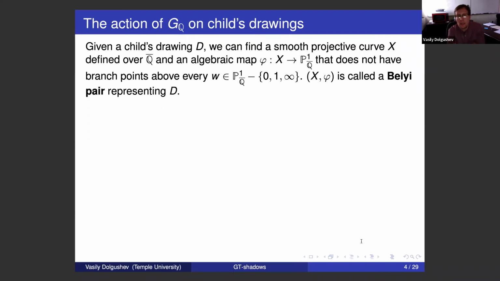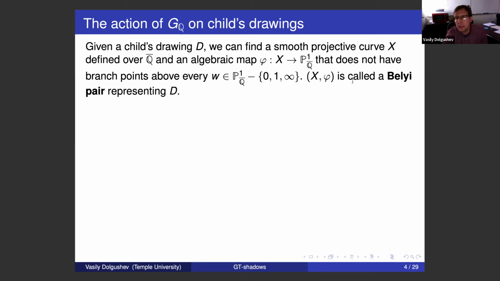So given a child's drawing, we can find a smooth projective curve X defined over the field of rationals, or Q bar, and an algebraic map from X to P1 over Q bar that does not have branch points above every point in the complement of 0, 1, and infinity.